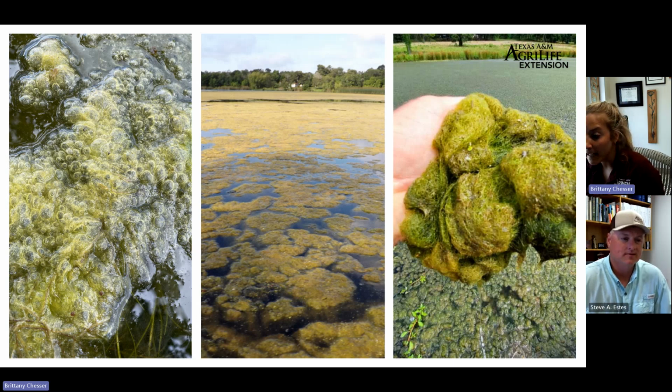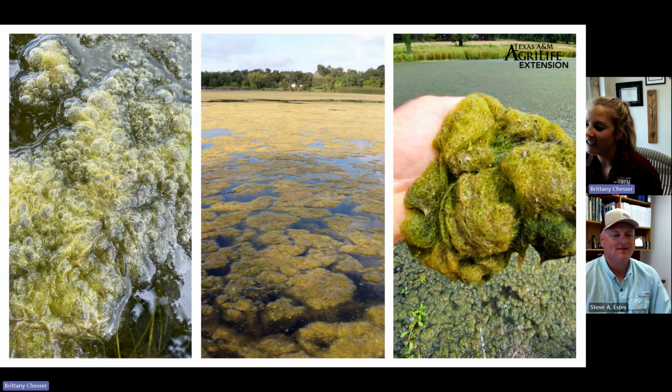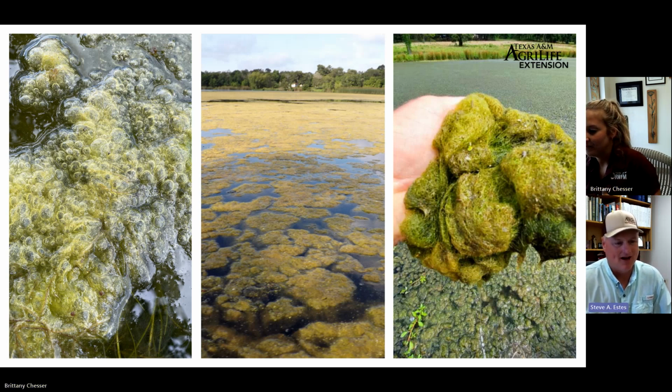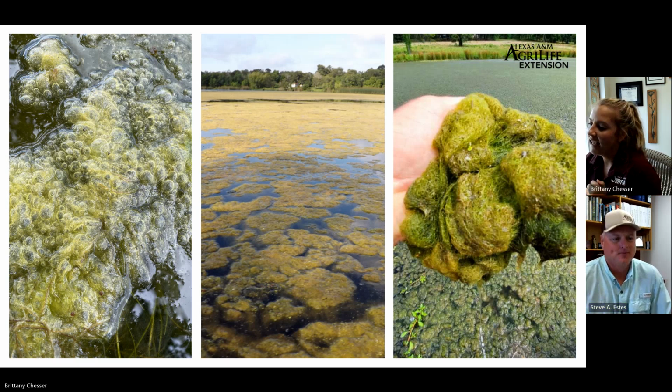It's very backbreaking work, and so typically this is something that landowners stray away from, unless they have kids or grandkids that they can trick into spending all day out in the pond. But again, these are just dead, dying mats, and so they're going to come back. So we recommend, if we're just removing that off the top, then we're really not taking care of the problem.